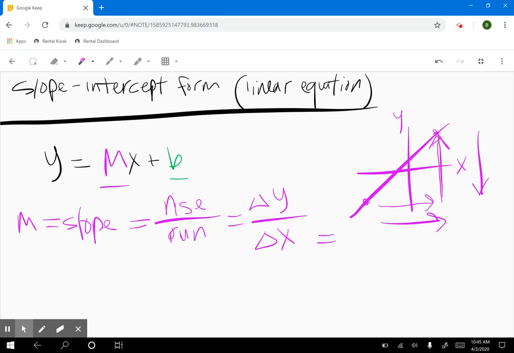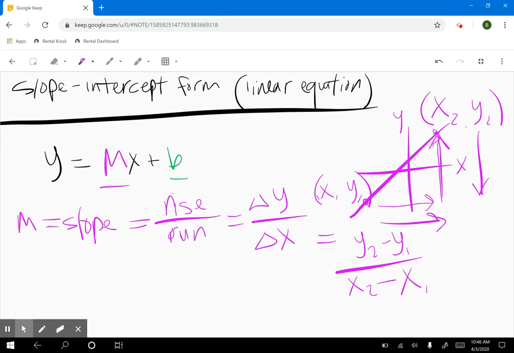So let's say we have our x1 and y1 coordinates. And over here we have our second point, so x2 and y2. To calculate the slope, we would take the difference in our y coordinates, so y2 minus y1, over the difference in our x coordinates, so x2 minus x1. Okay.